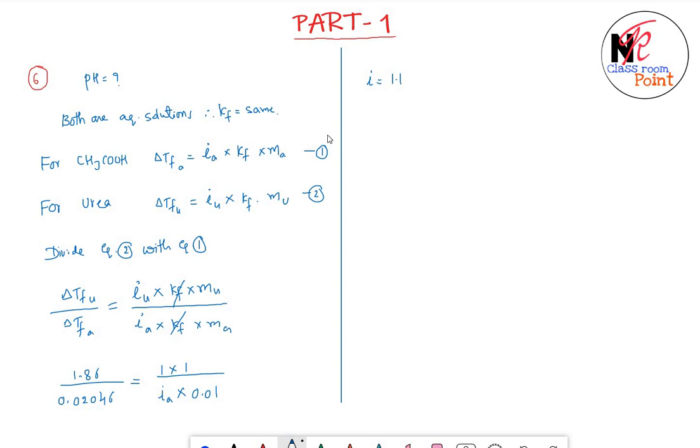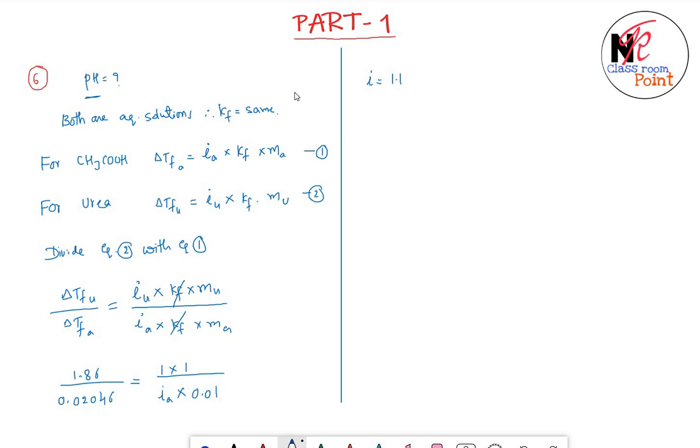Actually, we know that acetic acid dissociates to a small extent, and at the same time associates also. So the question arises whether acetic acid associates or dissociates in the given solution. They are asking about the pH, so to calculate the pH, acetic acid must dissociate. Then only can we calculate the concentration of H+.